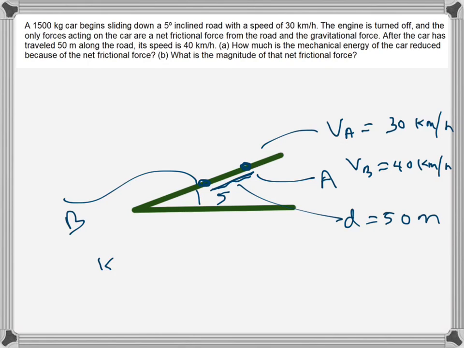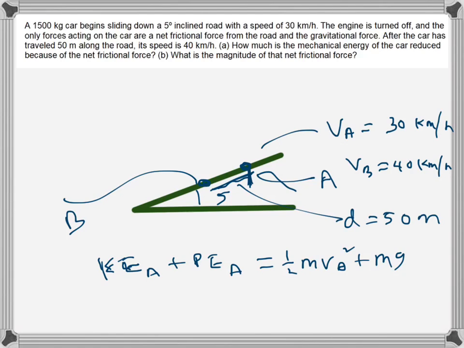That would be kinetic energy at point A plus potential energy at point A. So that will be half m VA square plus mgh. We need to find this height, let's call it h.